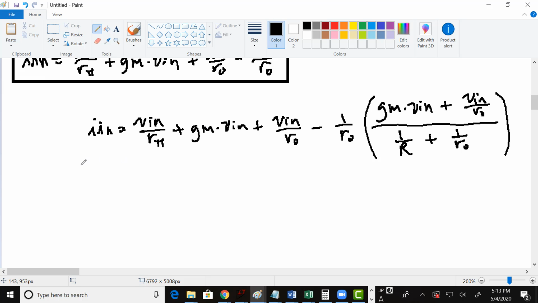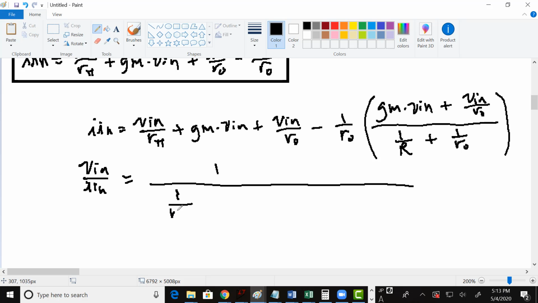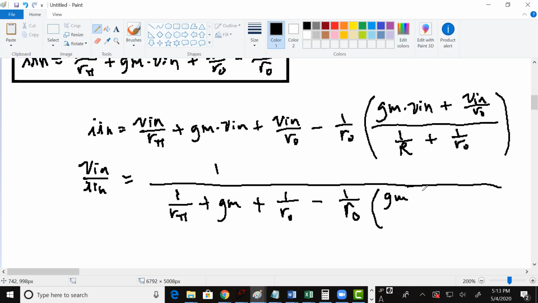So what you end up with is V in over I in equals 1 over R pi plus GM plus 1 over RO minus 1 over RO times GM plus 1 over RO, all over 1 over R plus 1 over RO.